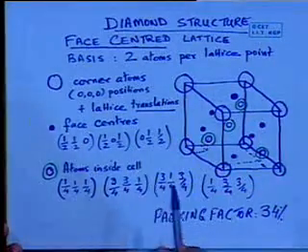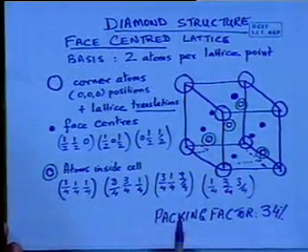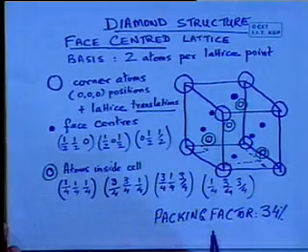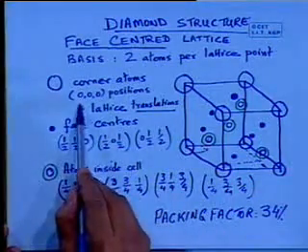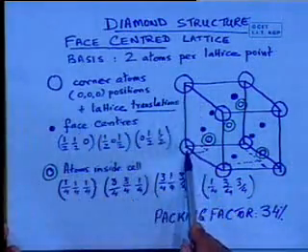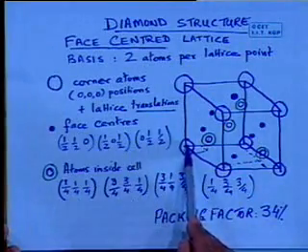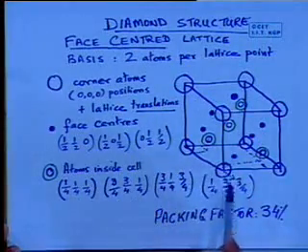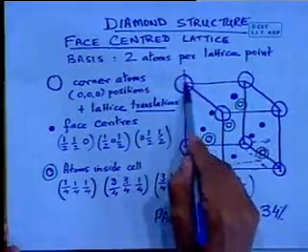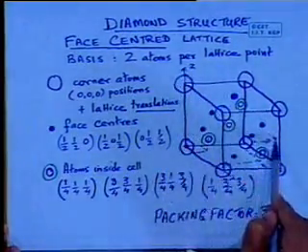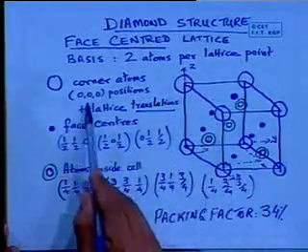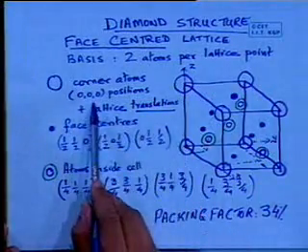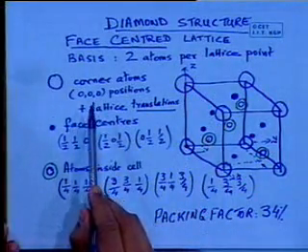Now, there is a way of actually giving some kind of a notation to each of these atoms, and that's what I have done here. You see, the corner atom, if we take this as the origin, and this is the X, Y, and Z, the corner atom then can be denoted as being in the 0, 0, 0 position.